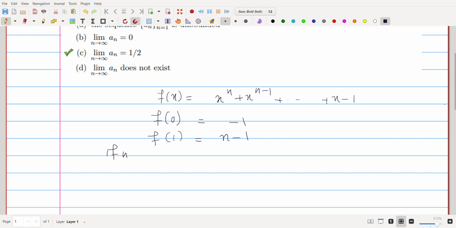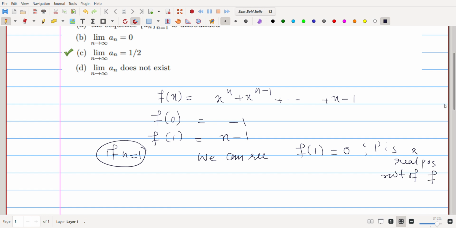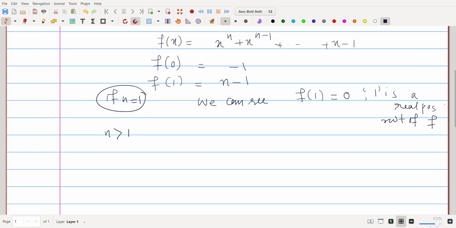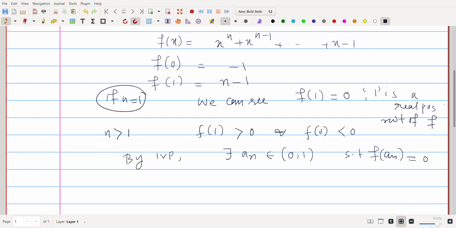Okay, so that means if n equals 1, then we can see f(1) equals 0. So 1 is a real positive root of f, and for n greater than 1, f(1) is positive and f(0) is negative. So by the intermediate value property, there exists a_n belonging to the open interval (0,1) such that f(a_n) equals 0, right?